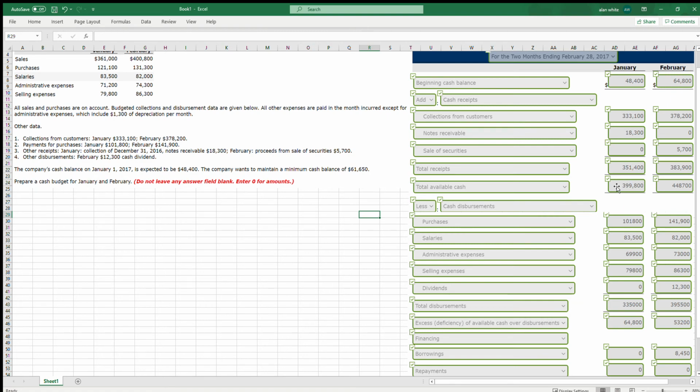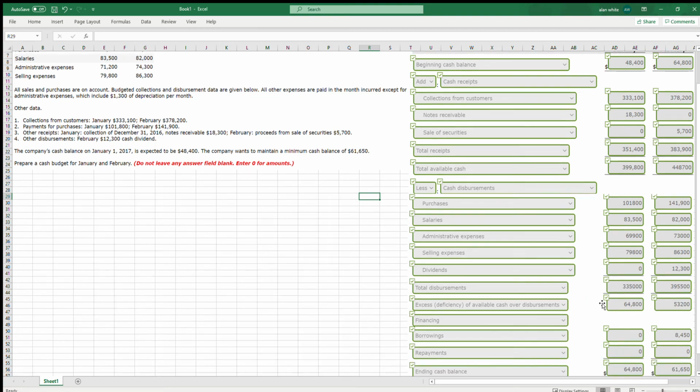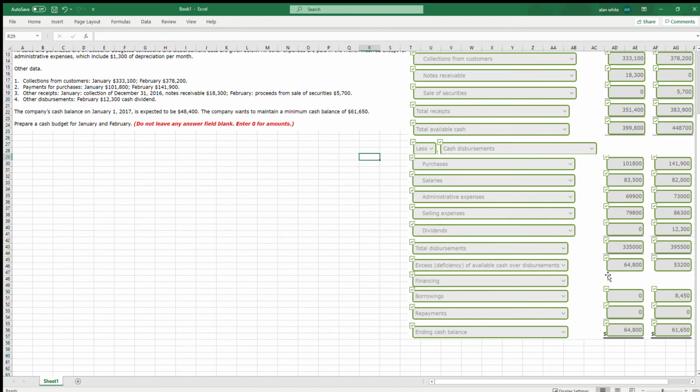And so what that's going to do is we're going to take $399,800, we'll subtract $335,000, and that'll give us available cash over disbursements of $64,800. And again, you won't be able to find this value for February yet, so we'll have to wait for the next month here.